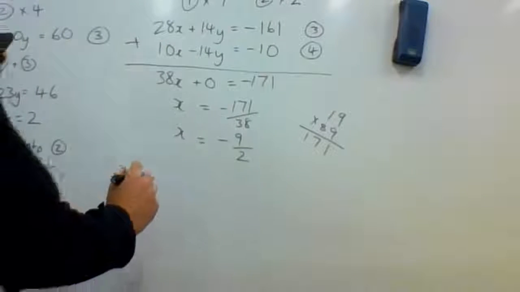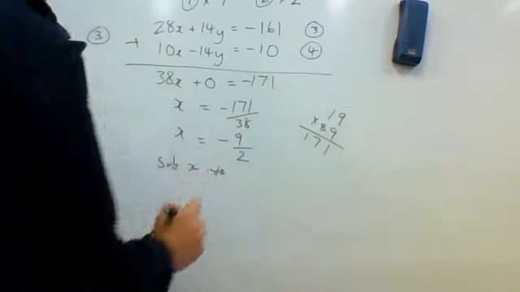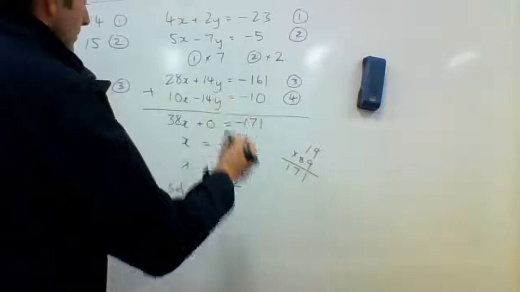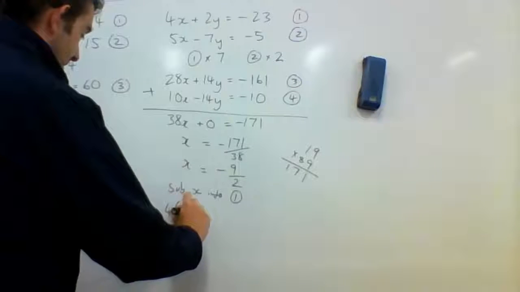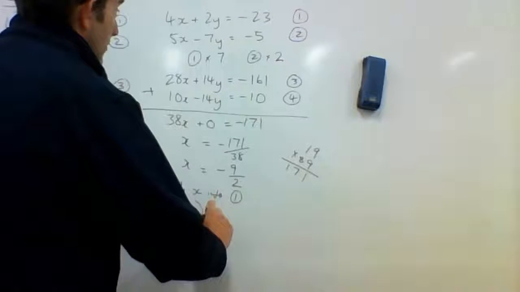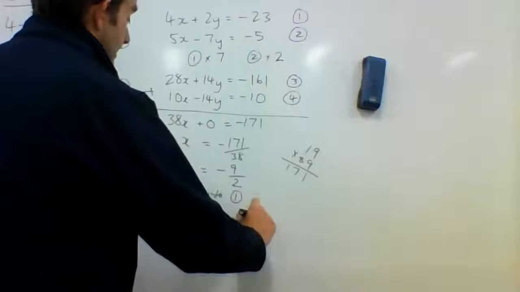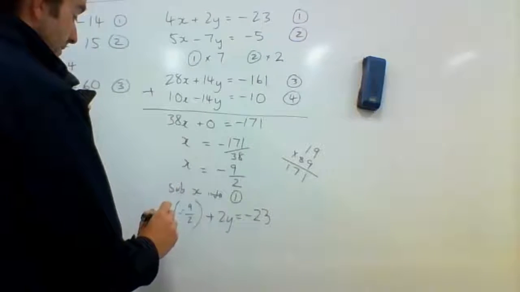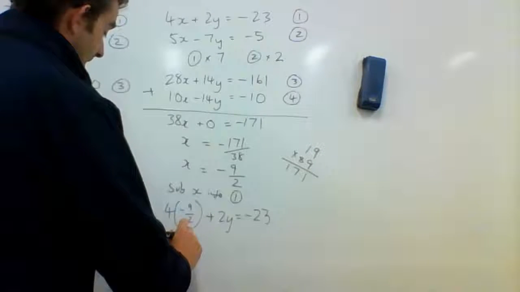So now I need to substitute x into, pick one to substitute into. I'll substitute it into, I guess the first one, might as well, into 1. So 4 times negative 9 over 2, and you can work with decimals on this, plus 2y equals negative 23. So 4 times negative 9 over 2 is going to be negative 18.